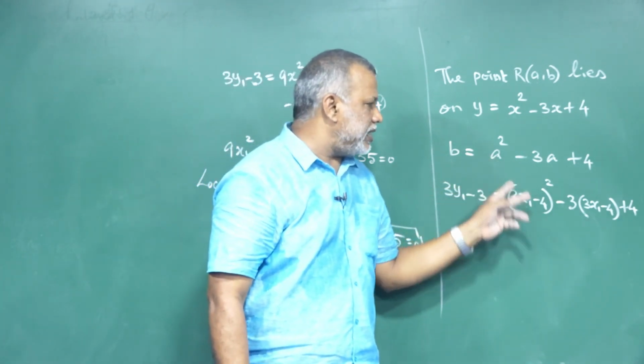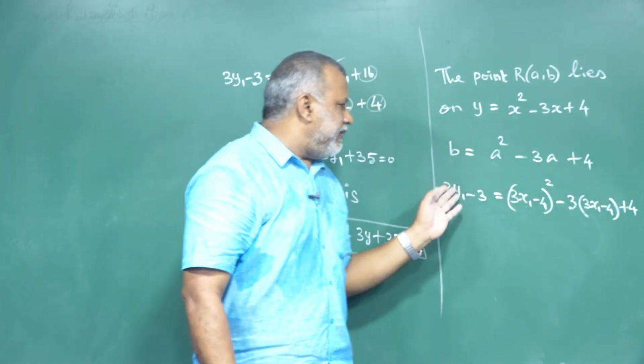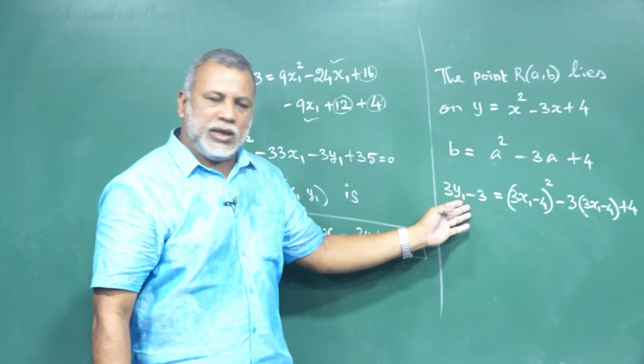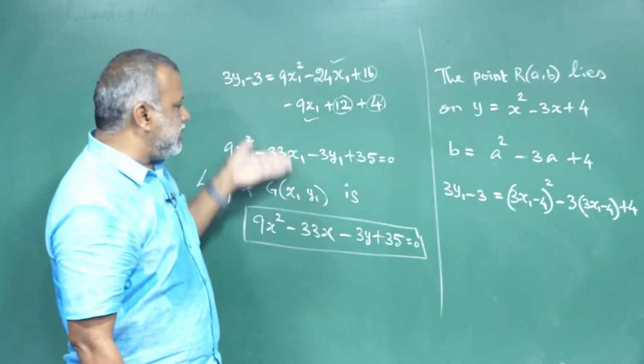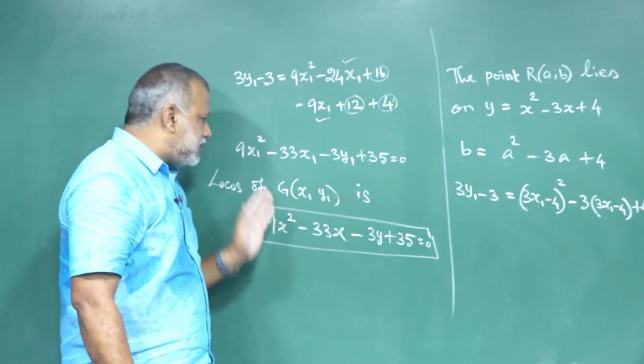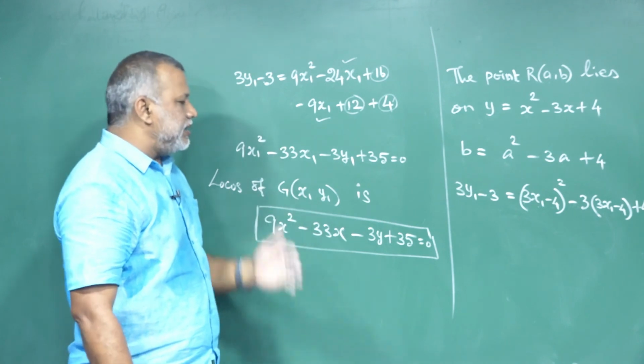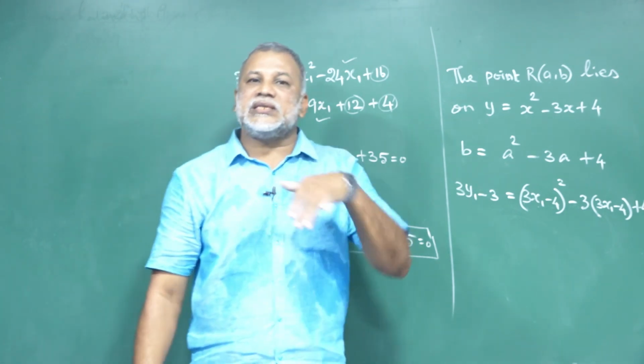Both sides substitute. A is 3x1 minus 4 the whole squared, here 3x1 minus 4. B value is 3y1 minus 3. Then simplifying, we can get an equation. After that, find the locus of G x1 comma y1, just replace x1 comma y1 with x comma y. We can get the equation of the centroid.